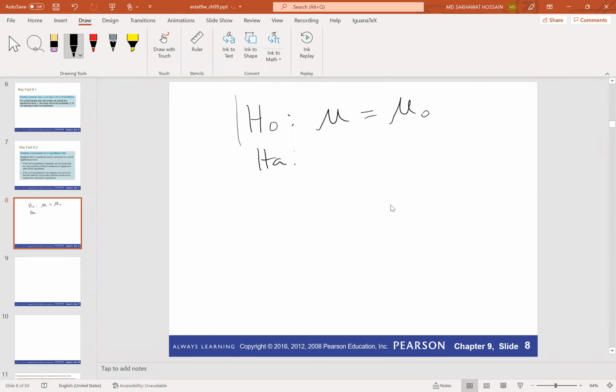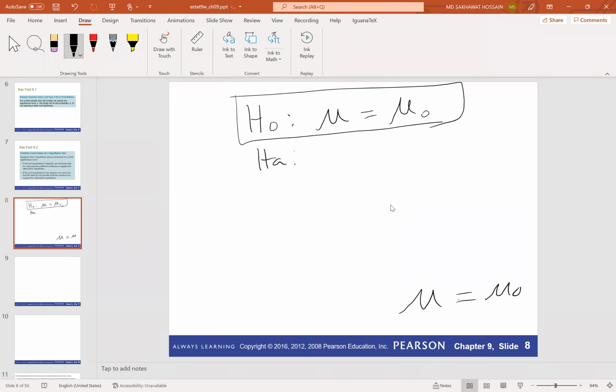This is always fixed, so the null hypothesis will always be like this. Mu is the mean, since this is for one population mean, because we want to test whether this mean is equal to some value, or whether mu is greater than this value, or whether mu is less than this value, or whether mu is different from this value.